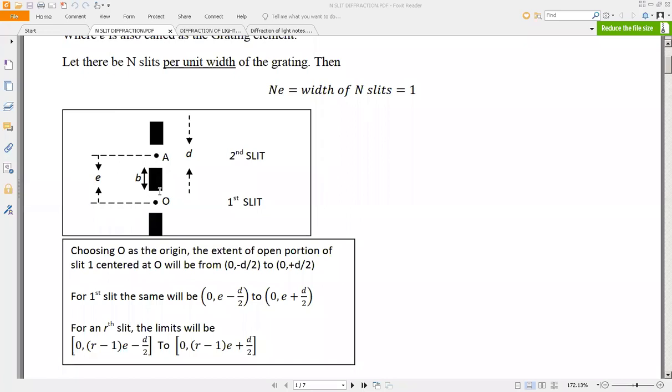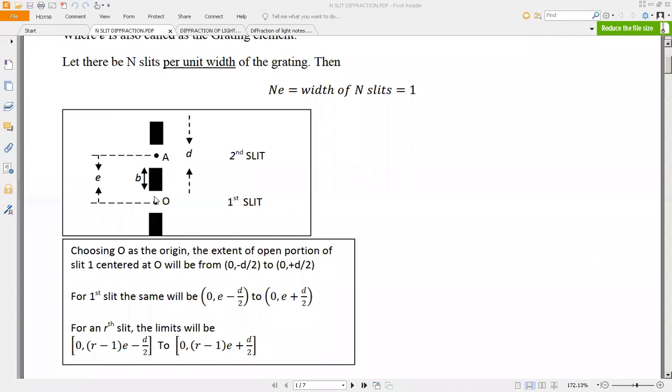Am I audible? Is the whole class sleeping? e minus b? No. e minus b by 2? No. d by 2. Shravani, you're right. I earlier said that this width is d and O is the central point. So what is half of the width? Is it not d by 2? Yes, many people are responding now.